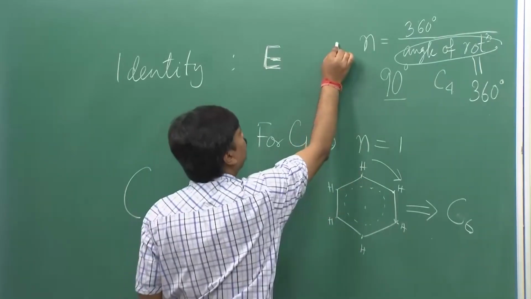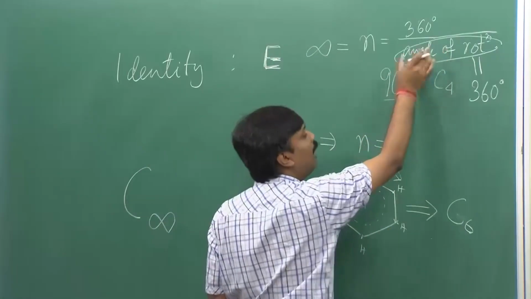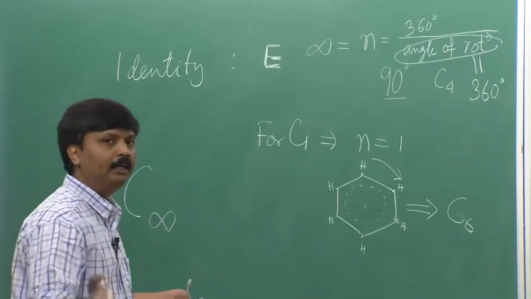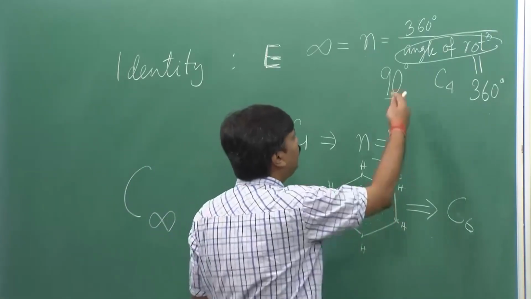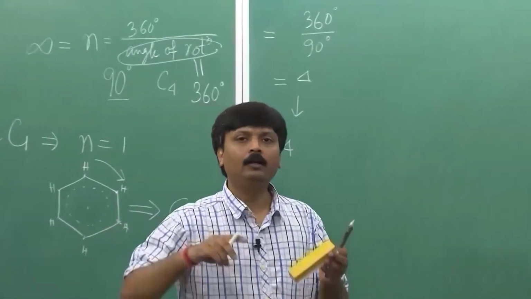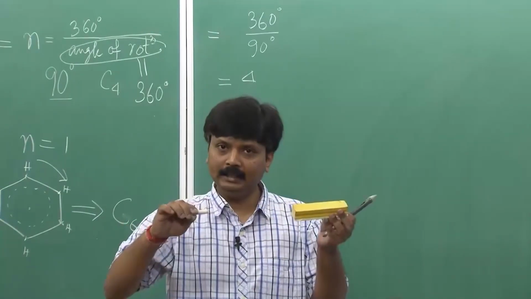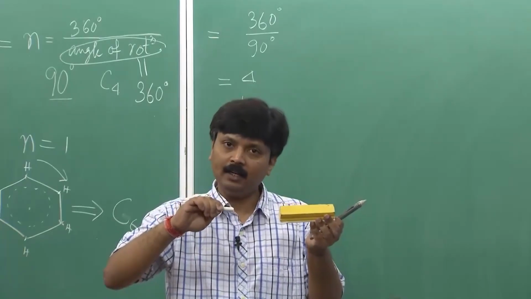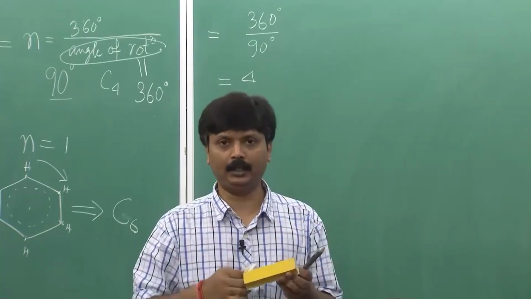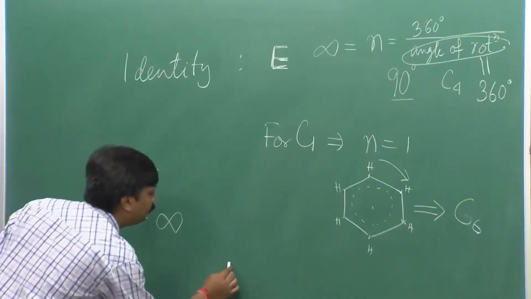So if I equate this to infinity, what do I have here? I have an extremely large number, right? Almost like an infinity. So in that case, what I have is a situation like an object or a molecule which has an axis about which I can give any turn by any amount of angle, and I can get an indistinguishable structure. You need an example, right? So here is one example for you.